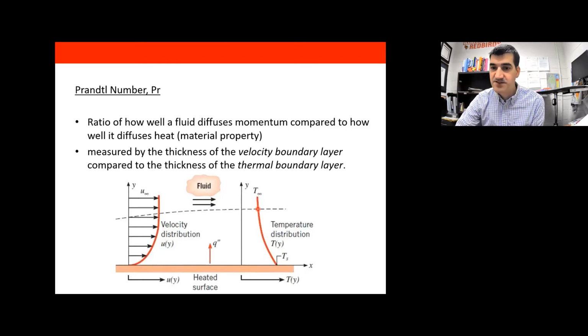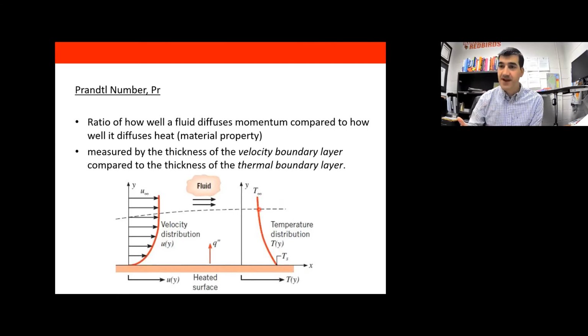In other words, if the delta T is from here to here, because here's T sub S, then our boundary layer here is at 99% of the delta T. So it's 99% of the way from T sub S to T infinity. All right, so that is the thickness of the thermal boundary layer.